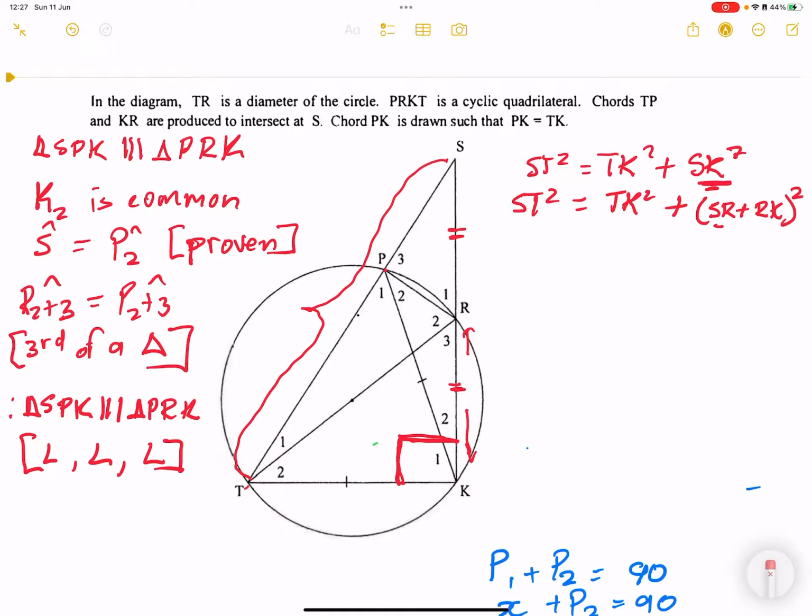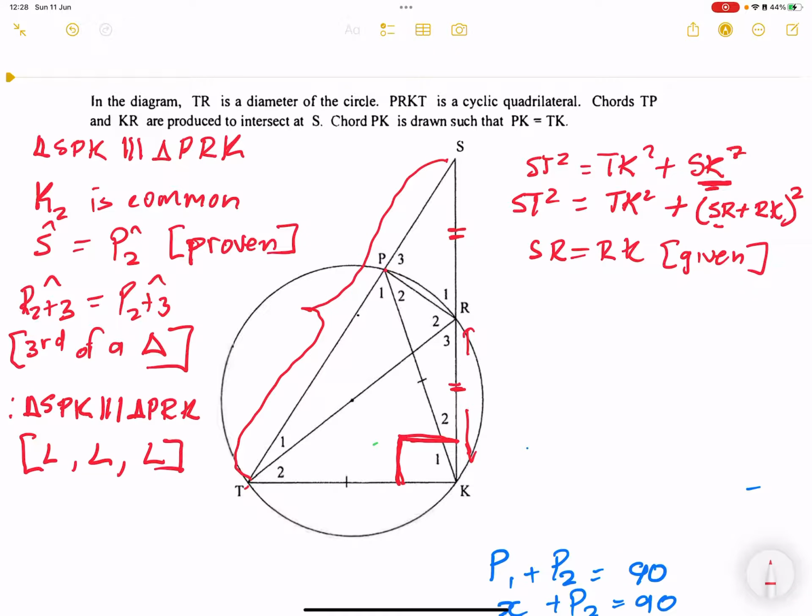So that means that ST squared is equal to, why did I remove that? Because I want you to remember that they are equal, because SR is equal to RK. This is given.